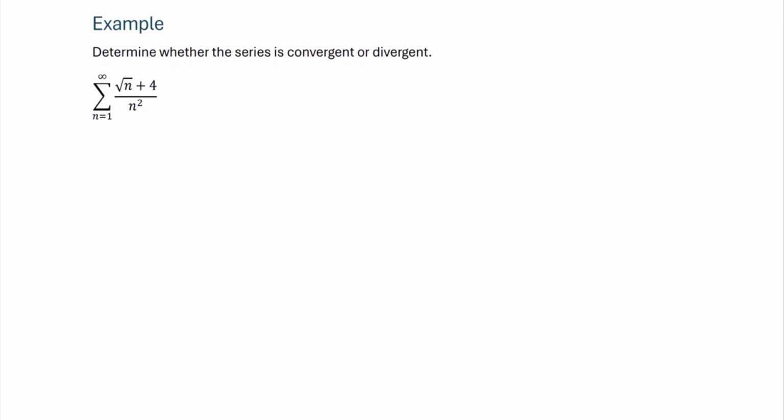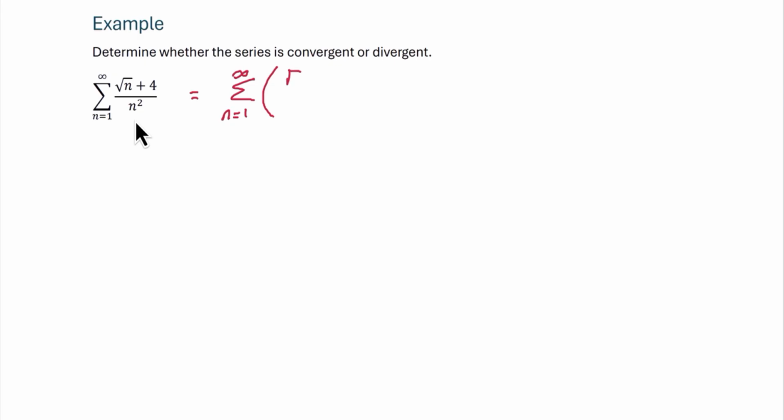Up first, notice that this example has a single term in the denominator involving n. That's a good indication that we may potentially be able to rewrite this as a p-series. So let's try that. Let's write this as the sum from n equals 1 to infinity of, let's split this fraction into two separate fractions.